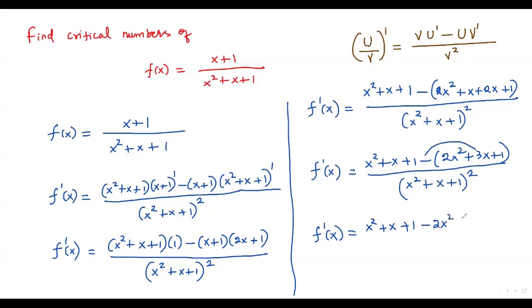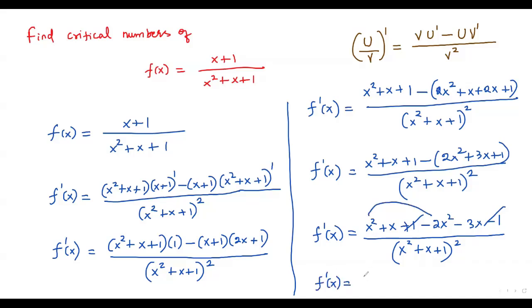Negative times positive becomes negative 3x. Negative times positive becomes negative 1. Also the positive 1 and negative 1 cancel out. So when I combine x squared and negative 2x squared, I'm getting negative x squared. And when I combine positive x and negative 3x, I'm getting negative 2x, over (x squared + x + 1) the whole squared.